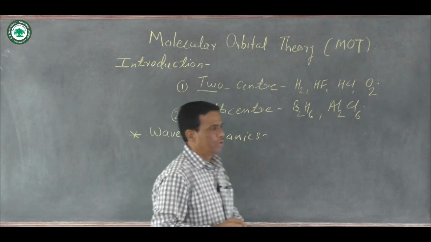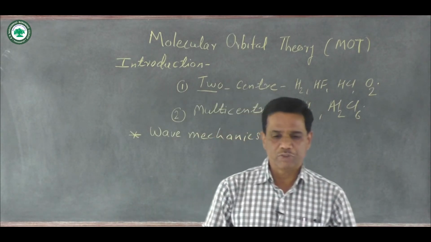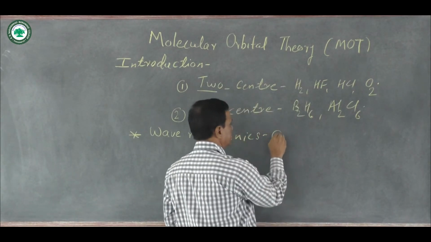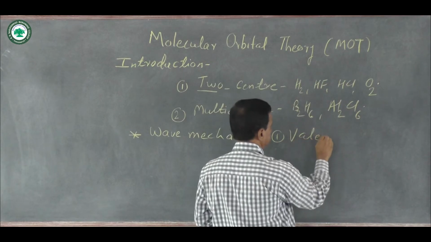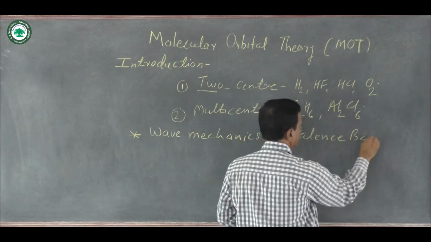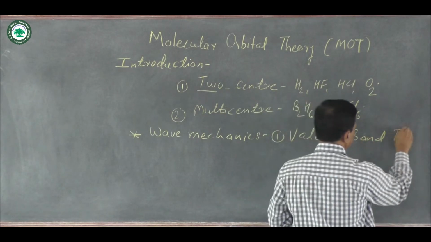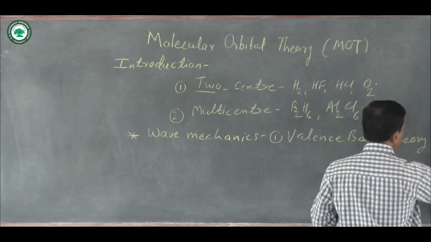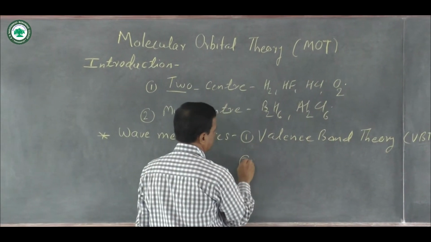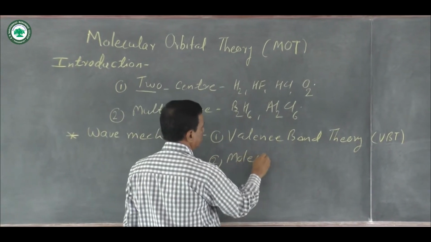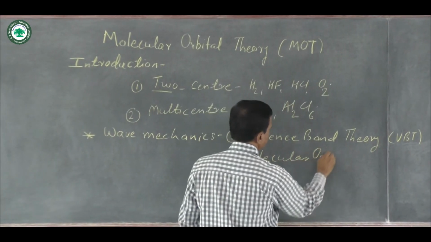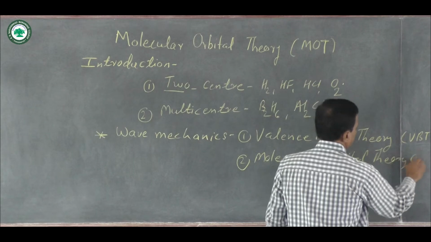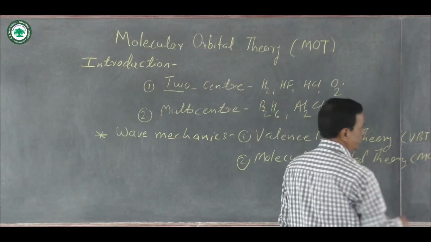Number one is called valence bond theory, short form VBT, and second is called molecular orbital theory, short form MOT.